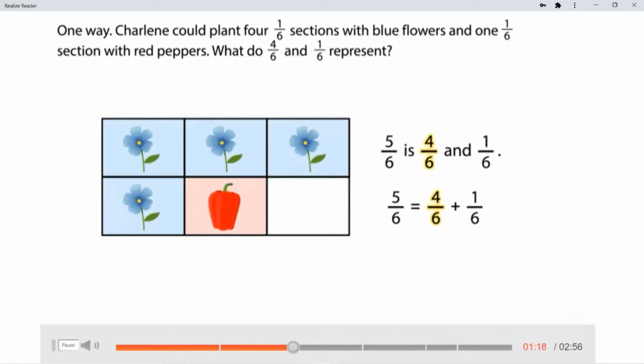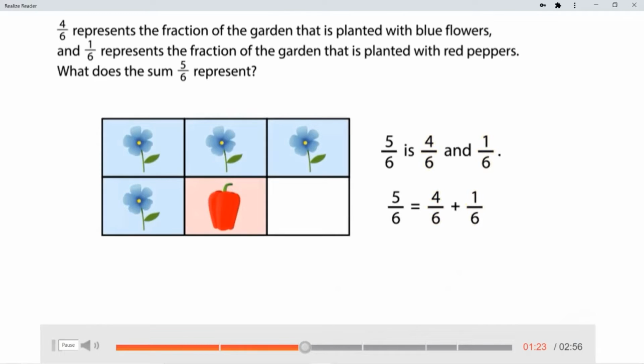What do 4/6 and 1/6 represent? 4/6 represents the fraction of the garden that is planted with blue flowers, and 1/6 represents the fraction of the garden that is planted with red peppers.